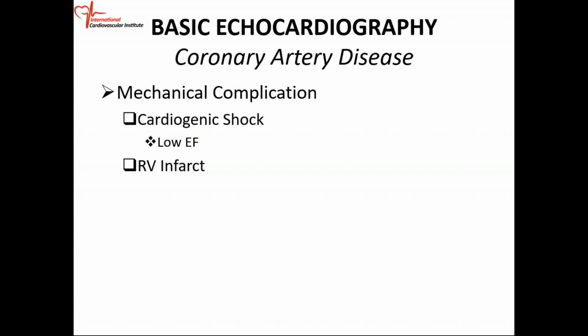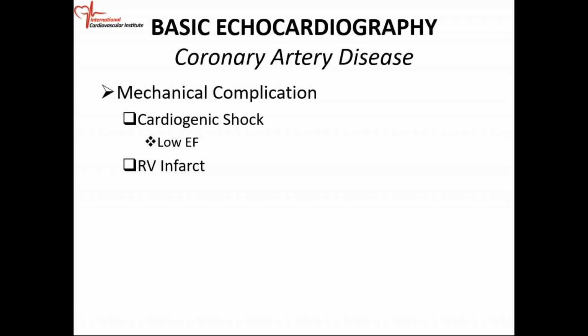And the cardiac output can fall for a number of reasons. With a heart attack, if you have sufficient muscle damage, and we usually talk about more than 40% of the muscle being damaged, that can affect the overall pumping function of the heart, and the cardiac output will decrease.